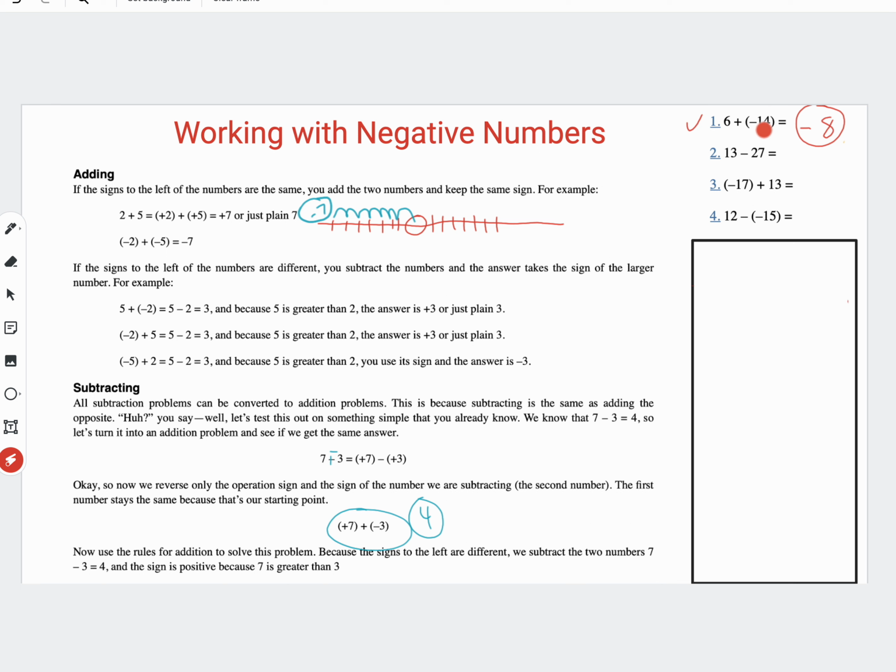Now let's take a look at number 2, 13 minus 27. We can change this into an addition problem. Let's add the opposite. 13 plus negative 27.